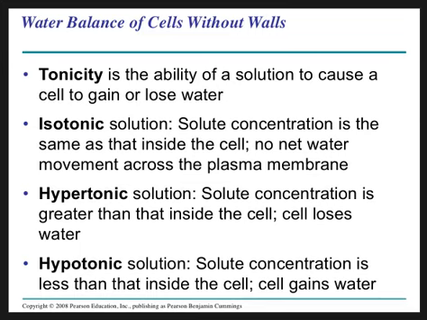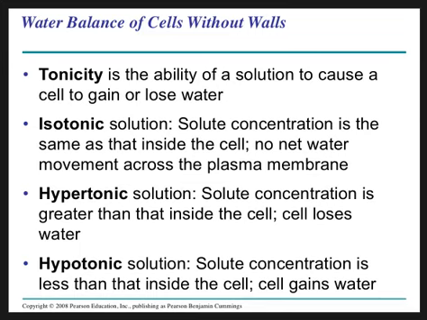Two more terms: hypertonic and hypotonic. If I drop a cell into a hypertonic solution, the liquid outside the cell has a greater solute concentration. It's the side with the more glucoses. So there's more glucoses outside the cell than there are inside the cell.